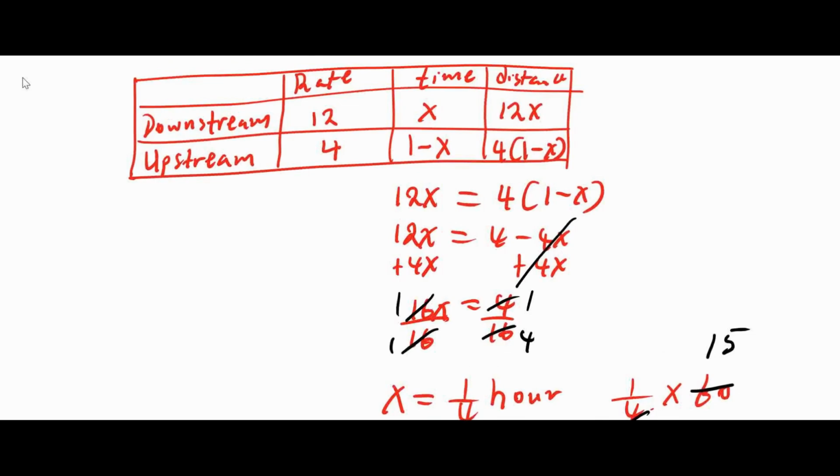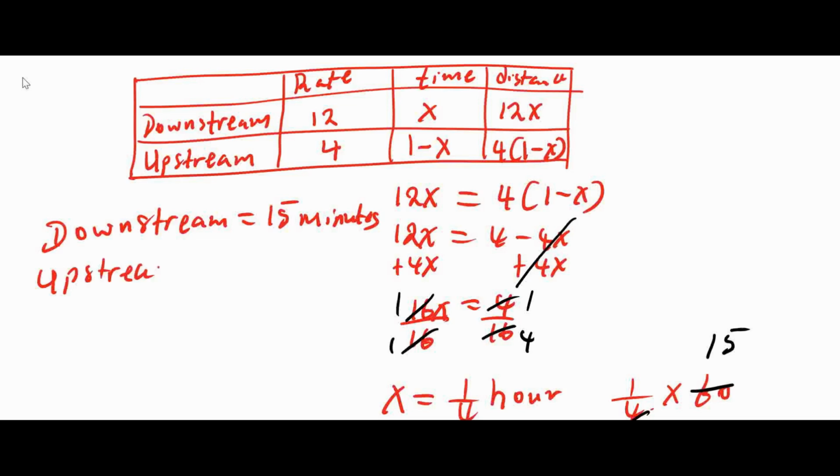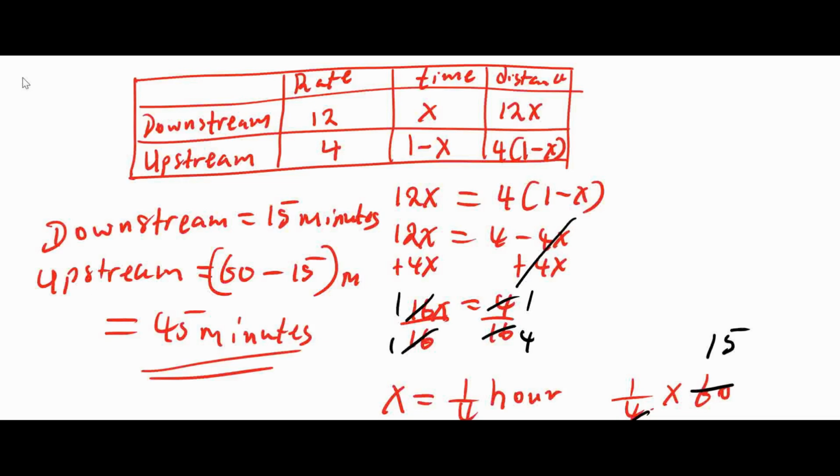So it took 15 minutes paddling downstream, and then upstream is equal to 60 minutes minus 15 minutes, which is equal to 45 minutes, because the total trip took 1 hour.